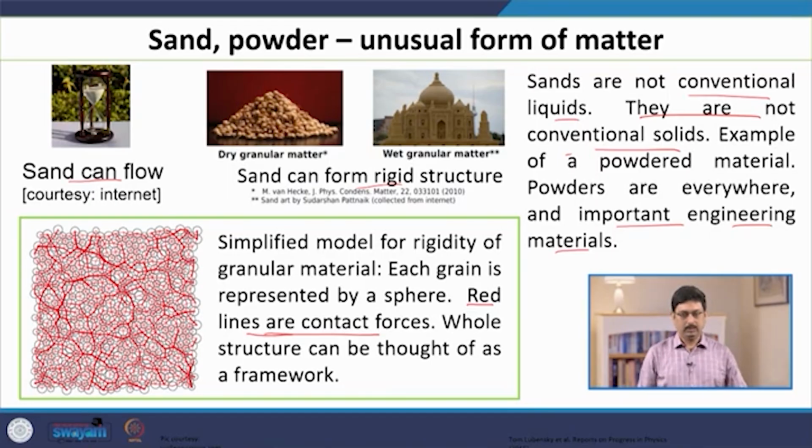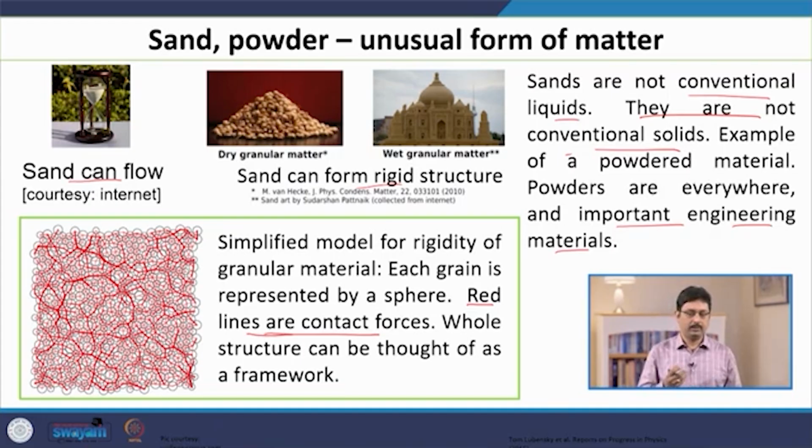Now, if you look at this picture of the forces, you can see that they actually look like a truss or a framework, and in fact you can use the same sort of analysis, using these force balance conditions etc., to analyze the condition of rigidity or properties of this kind of granular structure from our truss point of view.